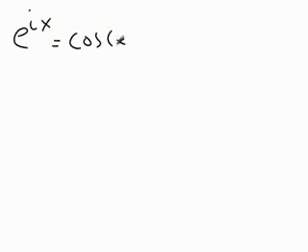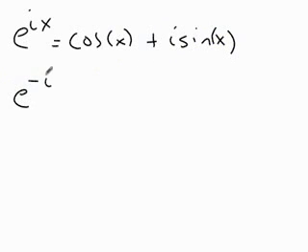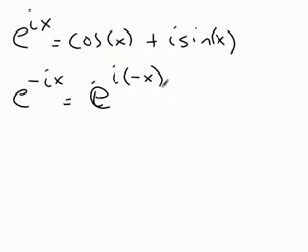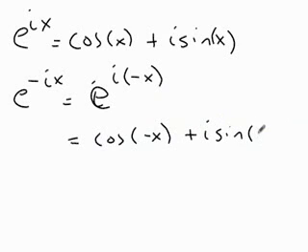But wait, there's more. e to the ix is cosine x plus i sine x. What's e to the negative ix? I can think of that as e to the i times negative x, which is cosine negative x plus i sine negative x.